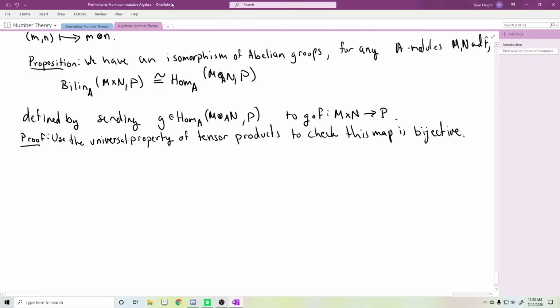There are various questions about how tensor product interacts with direct sum and direct product, and the next proposition addresses this, at least in the case of direct sum. The proposition says that tensor products commute with direct sum. What does this mean exactly?